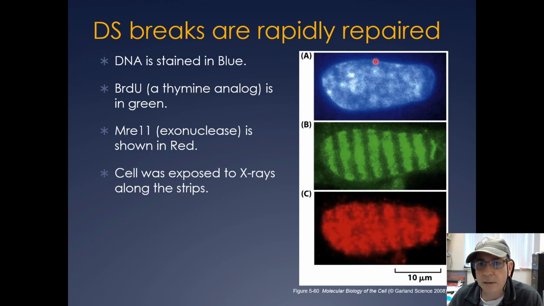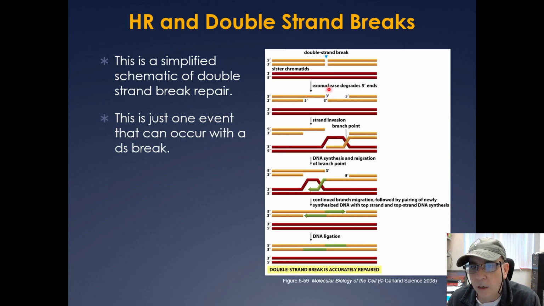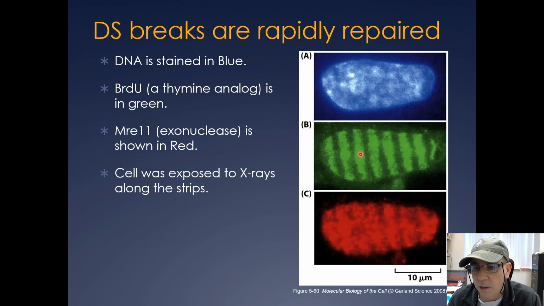If you hit this cell with X-rays to generate double-strand breaks, and then add a thymine analog called BrdU, which is labeled green here, it will be incorporated. And if you look at MRE11, the exonuclease involved in chewing back in the 5' to 3' direction on both DNA strands, that's shown here in red.